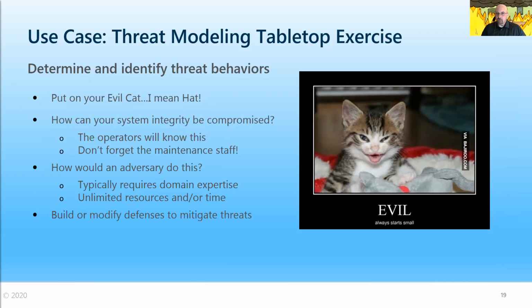It's going to be more or less unlimited resources. I hate to use the phrase nation state actors, but that's pretty much the domain of ICS attacks. Once you do some of this threat modeling, you can build or modify your defenses to mitigate the threats. It's pretty typical defense and process improvement.